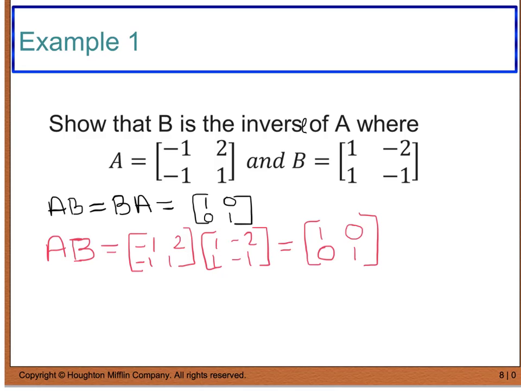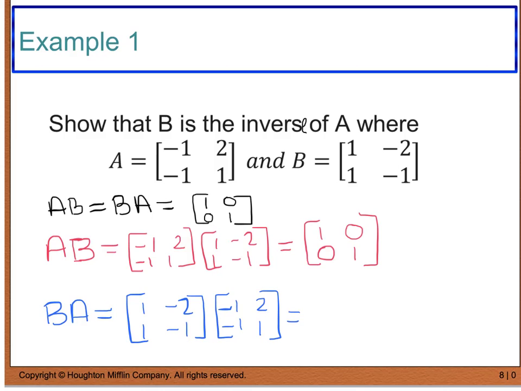Now let's look at the product of matrix B times matrix A. So now I'm going to reverse the order, and I have 1, -2, 1, -1, and I'm multiplying that with -1, 2, and -1, 1. When I go my first row by my first column, that is going to give me 1.